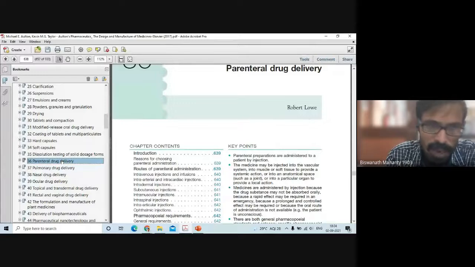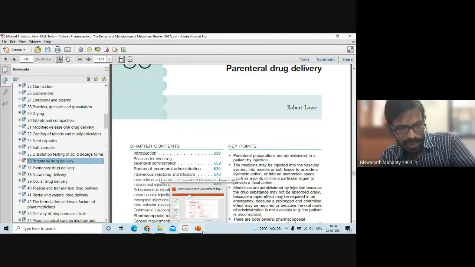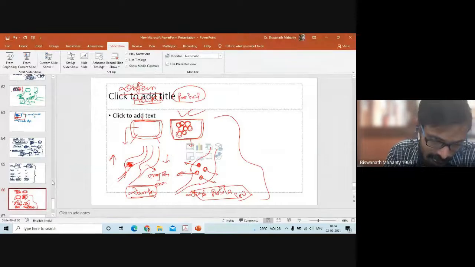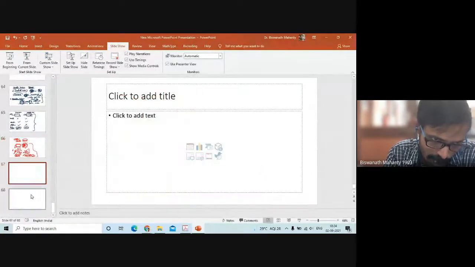From now onward, we will be focusing on parenteral drug delivery systems. Today we will be classifying the different kinds of parenteral deliveries, what their purpose and intention is, why they are used, and how they are going to be useful.